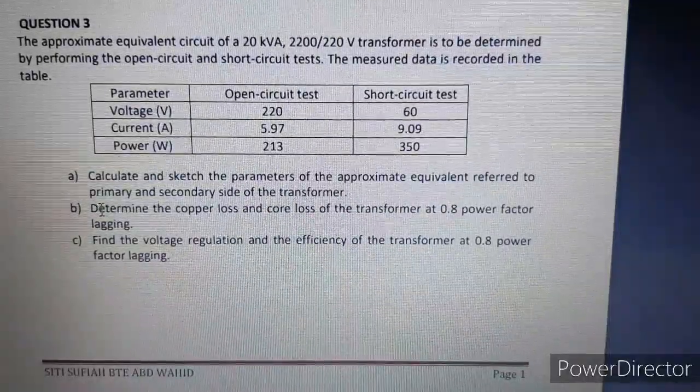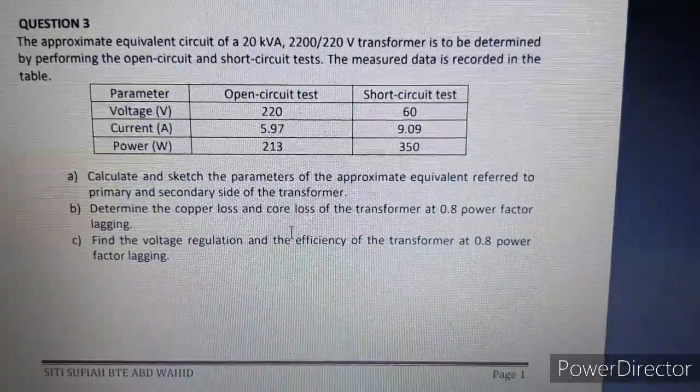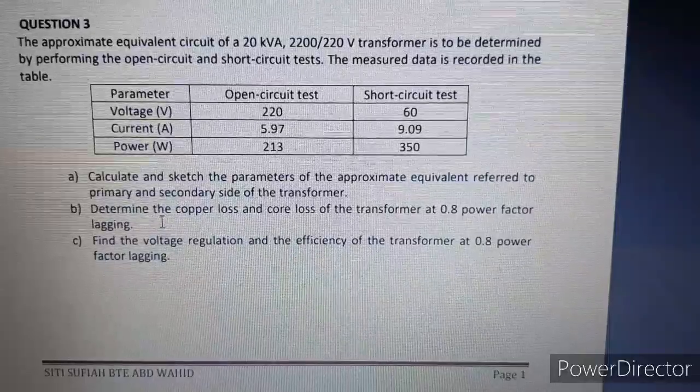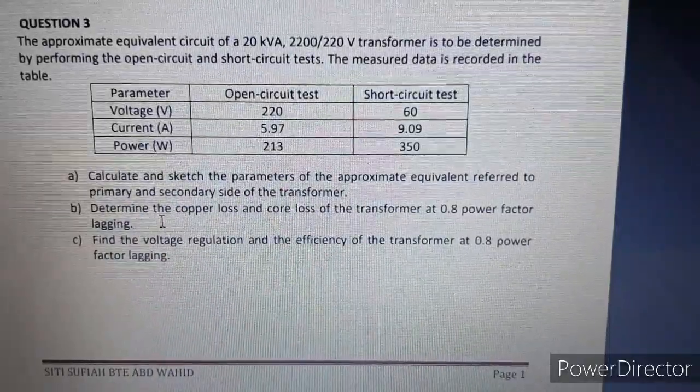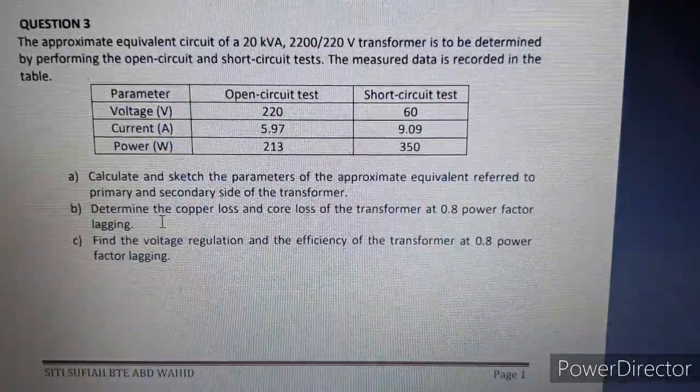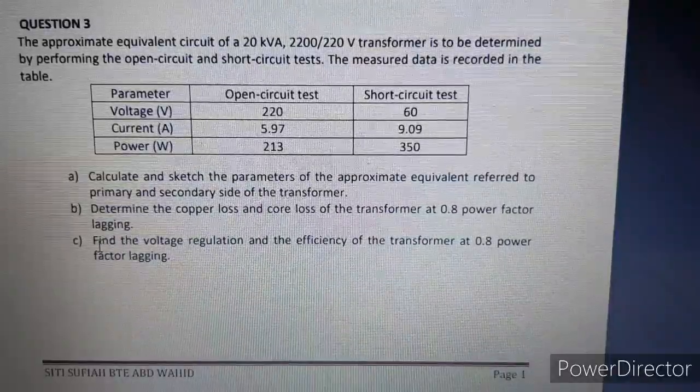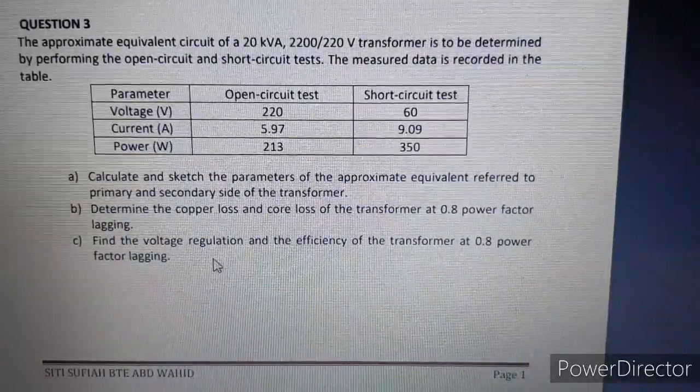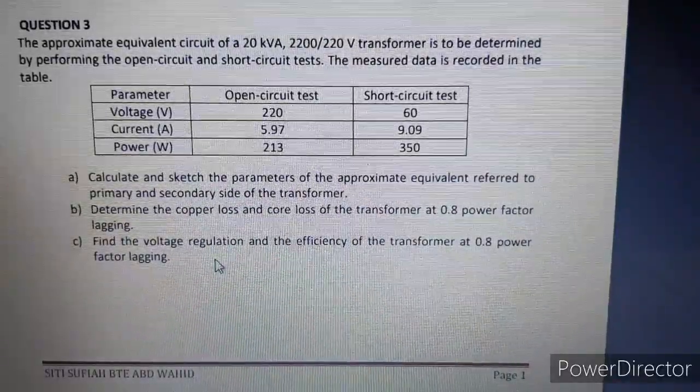Number B, determine the copper loss and core loss of the transformer at 0.8 power factor lagging. And C is find the voltage regulation and efficiency at 0.8 power factor lagging.